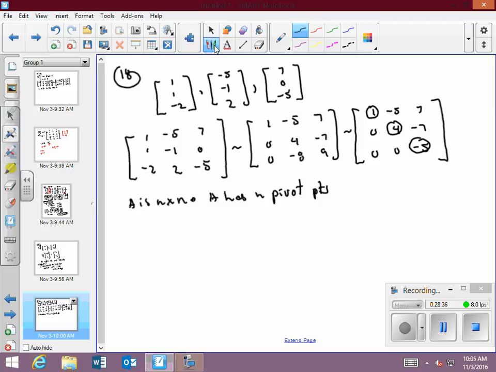This one is a 3 by 3, and it has 3 pivot points. And this is theorem 8c, and it follows that theorem 8a is true. So A is invertible.